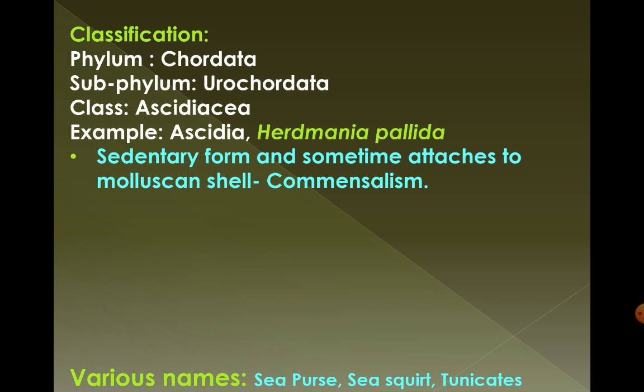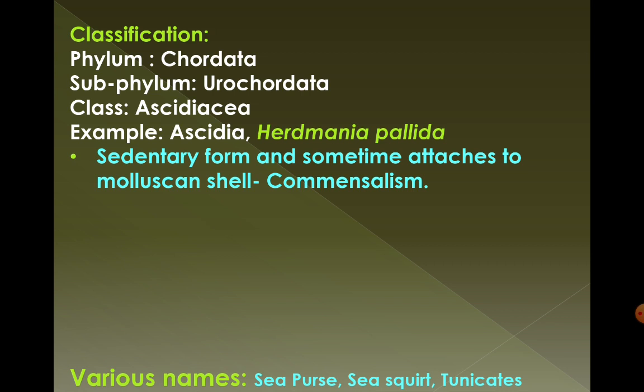Now when we say it is a sedentary form, you find them attached to a substratum singly. It is a solitary form because it is always seen living singly, not in colonies, and sedentary form because it's always found attached to the substratum. It does not have any kind of locomotory organs in it. So it is a sedentary form.